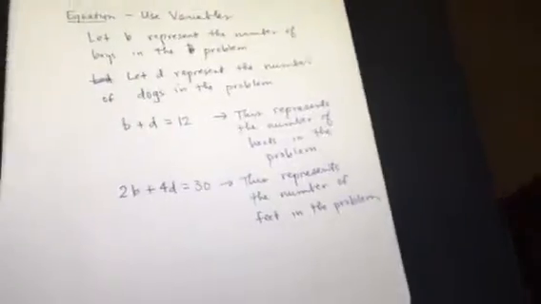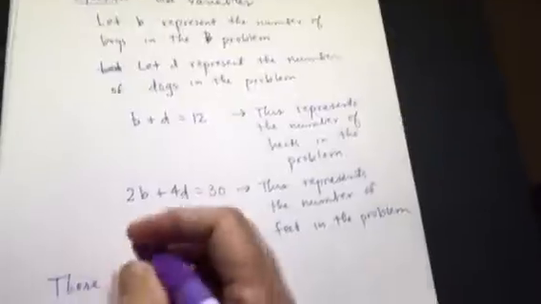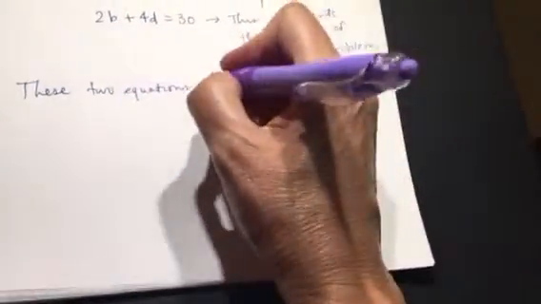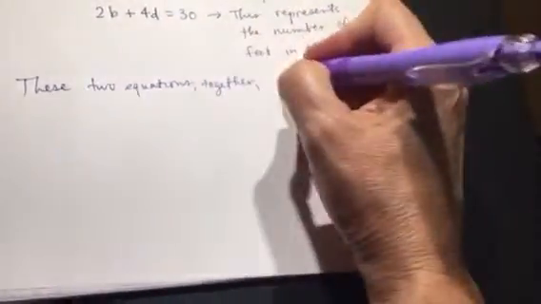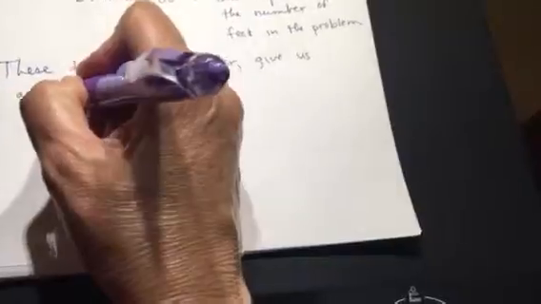Now, together, these two equations give me a system of equations. So, I'll write that. These two equations together give us a system of equations.